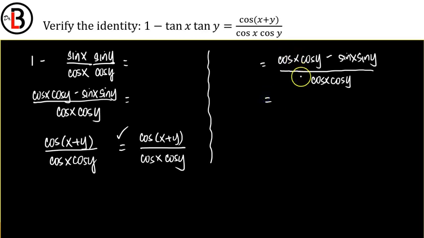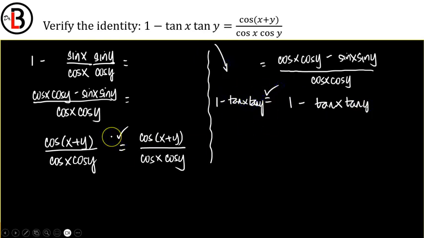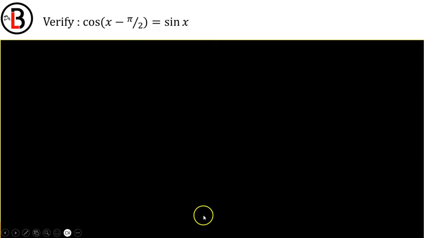And then you'll notice in here that cos x cos y can cancel out, minus sine over cosine, that's going to be tangent x, and then this is tangent y. But this one on the right is actually the same as the given one, the one on the left. Therefore, the identity has been proven. So it's up to you which one you choose. In this case, we're just asked to verify the identity.